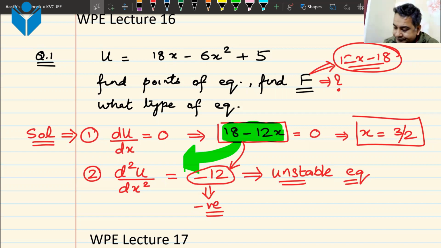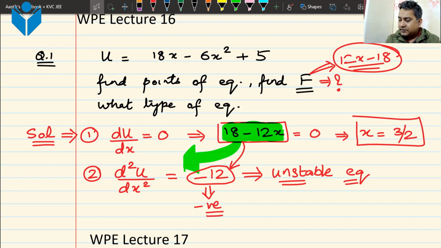Anyways, what we were discussing in the previous class was equilibrium, and we had seen some examples of stable and unstable equilibrium.